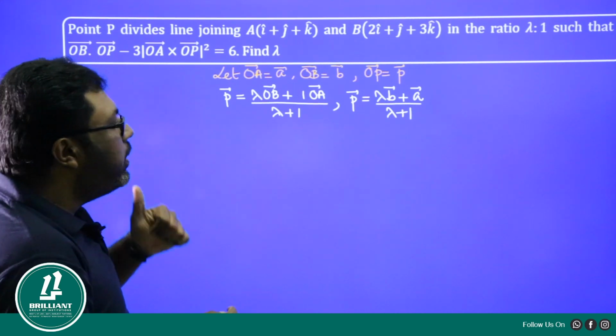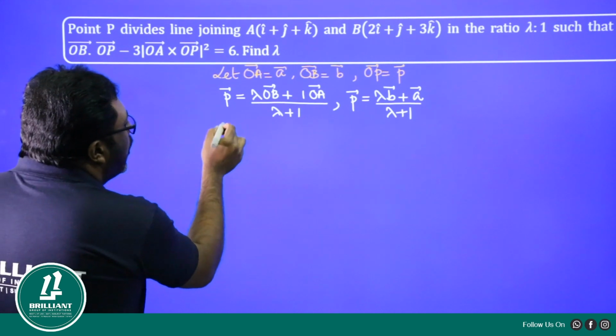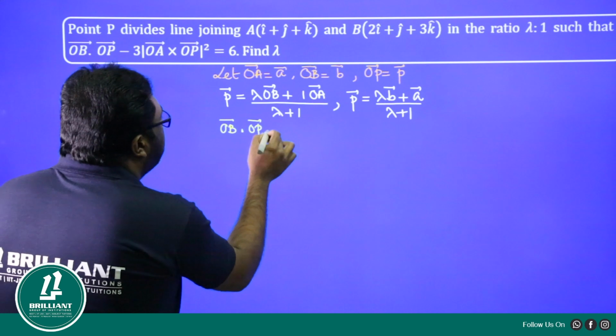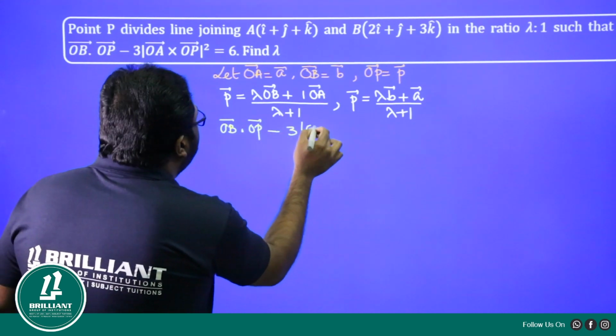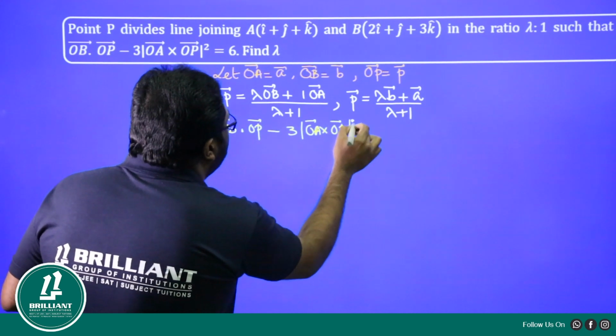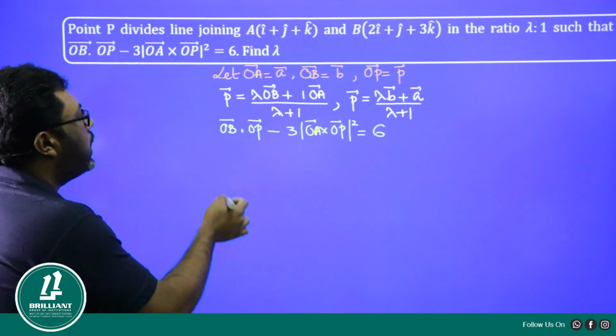Yes. Now I'll take my expression that is given to me in the question. The expression says OB dot OP minus 3 magnitude of OA cross OP the whole square equals 6. This is the expression. Let's substitute our assumptions.